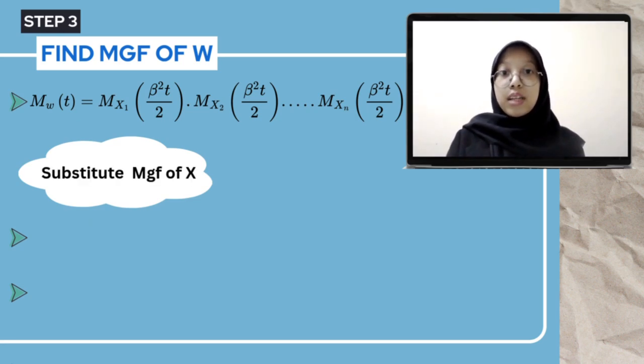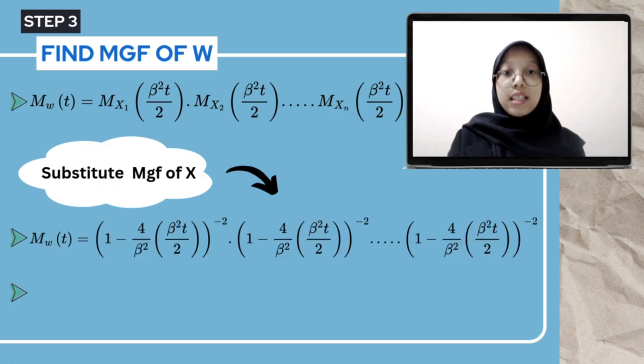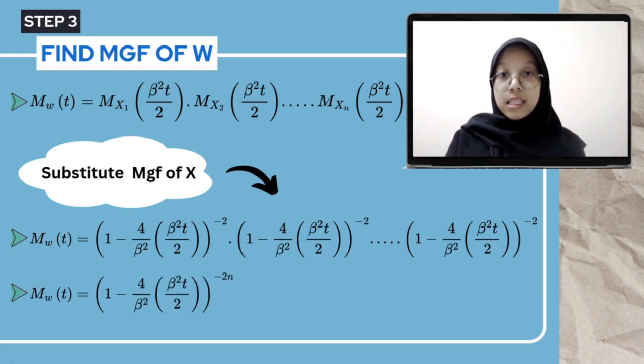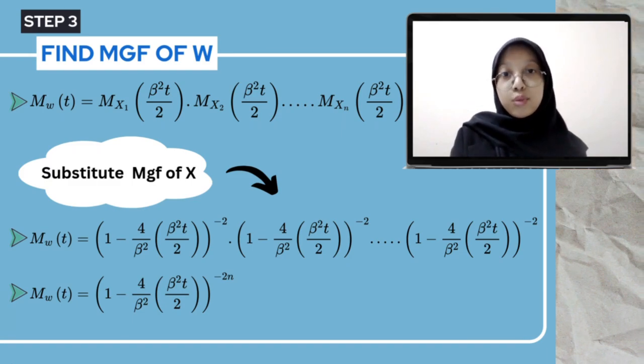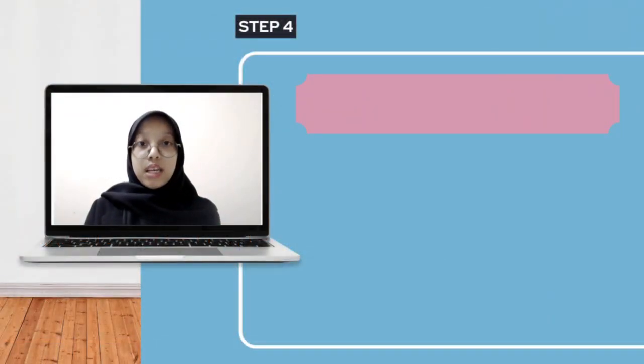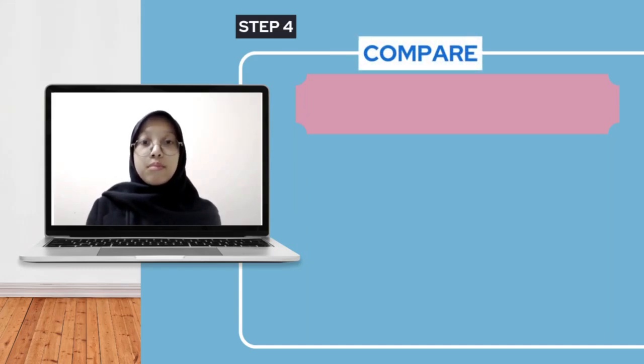Then we substitute the MGF of X, and since all the MGFs are the same, we can conclude that the MGF of W equals (1 minus 4 over beta squared times beta squared t over 2) to the power of negative 2n.